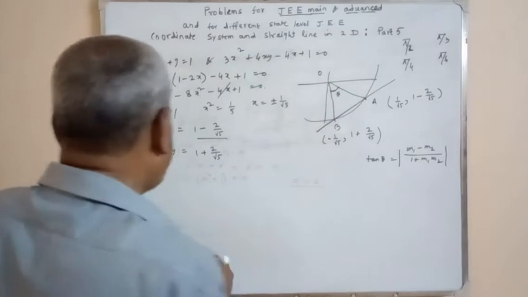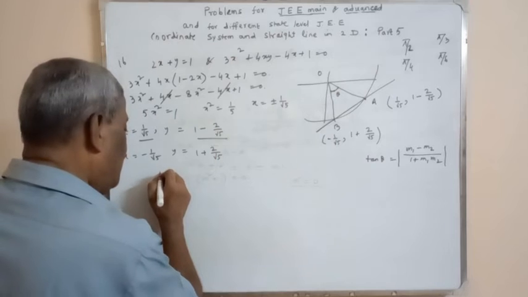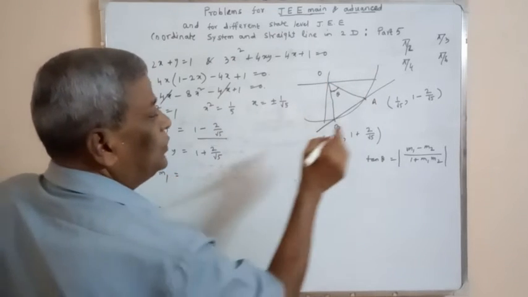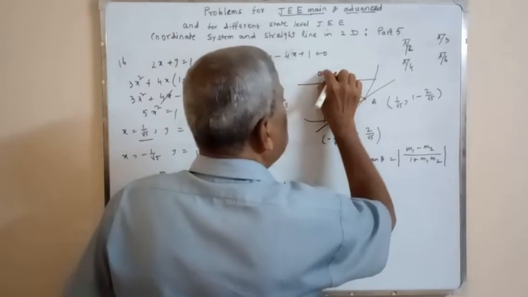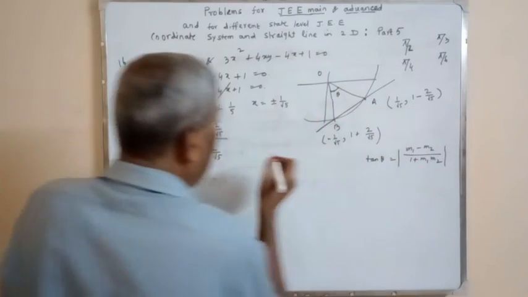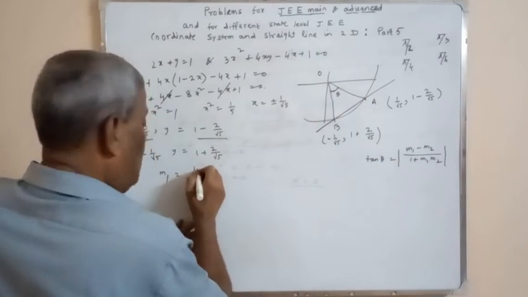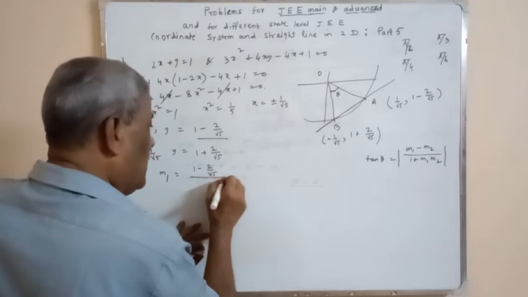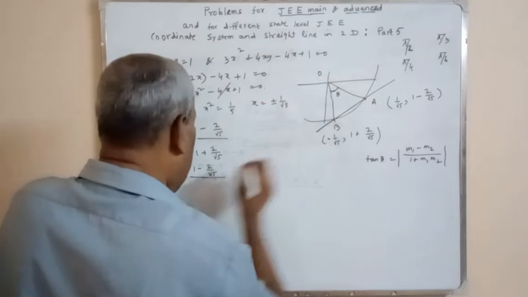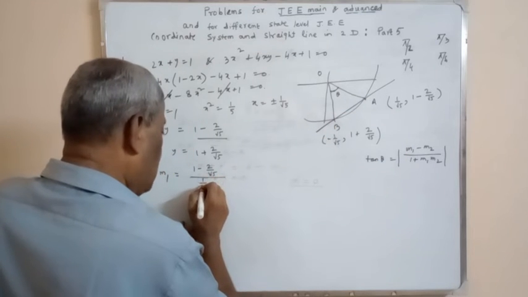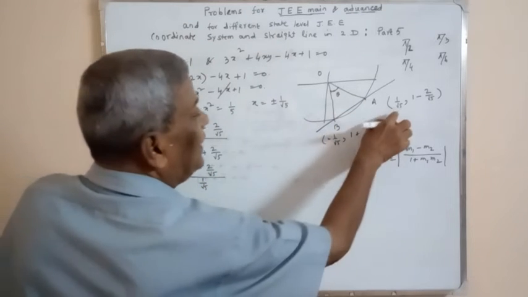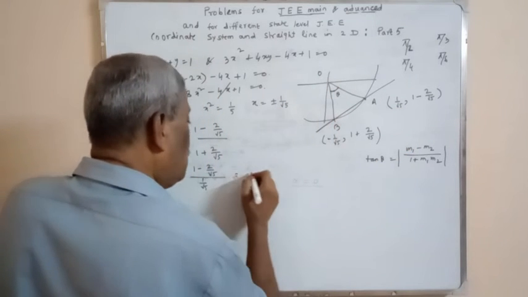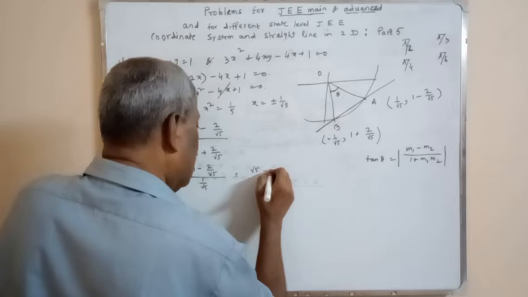So now, m1, the gradient of OA, is equal to, with O being 0, 0, 1 minus 2 by root 5 minus 0 by 1 by root 5 minus 0. That is root 5 minus 2.